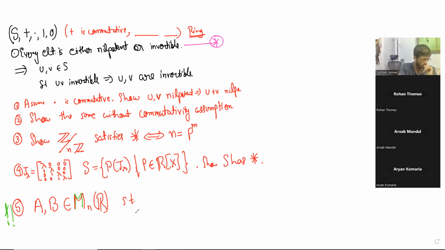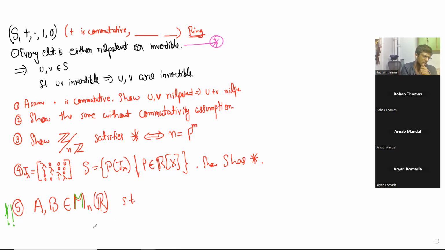A and B are in M_n(R), such that... no, wait, 1 second. B, and you take this, and then you take the center, and whatever works.